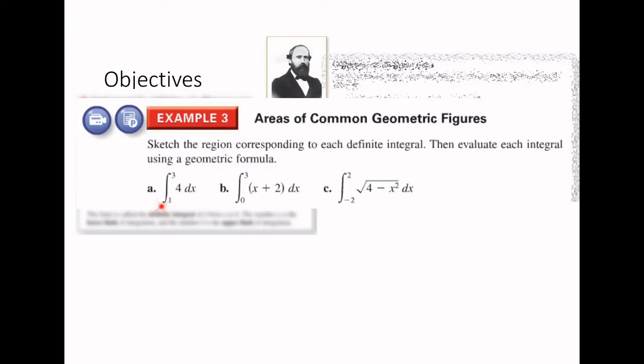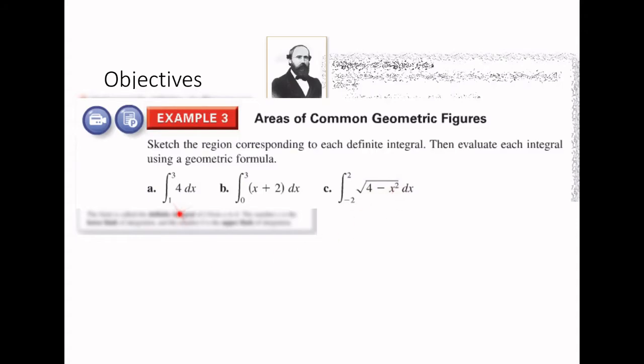So you would read this: the integral of 4 dx as x goes from 1 to 3. All it means is what is the area between this function, the function y equals 4. Over here we'd have y equals x plus 2. Over here we would have y equals the square root.